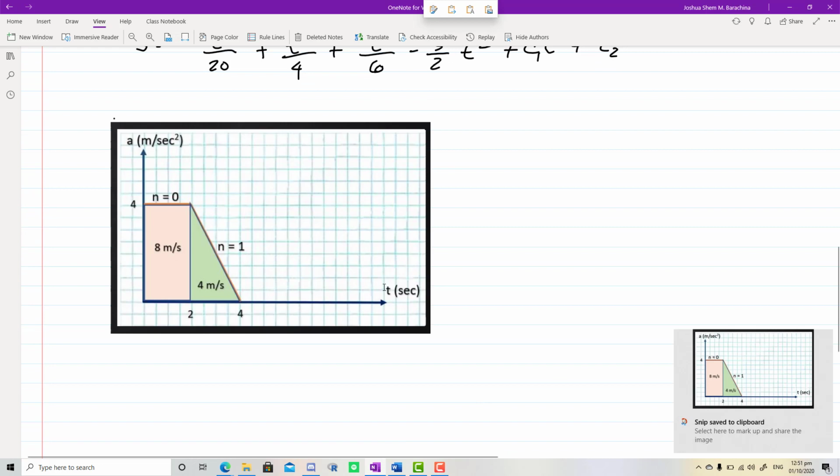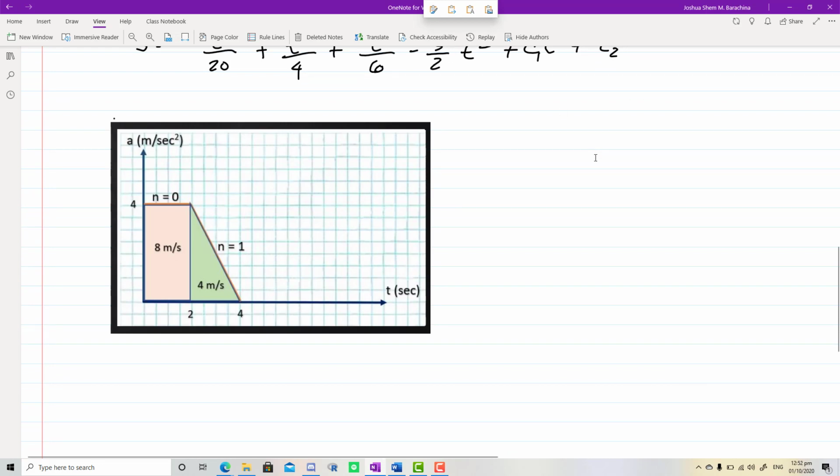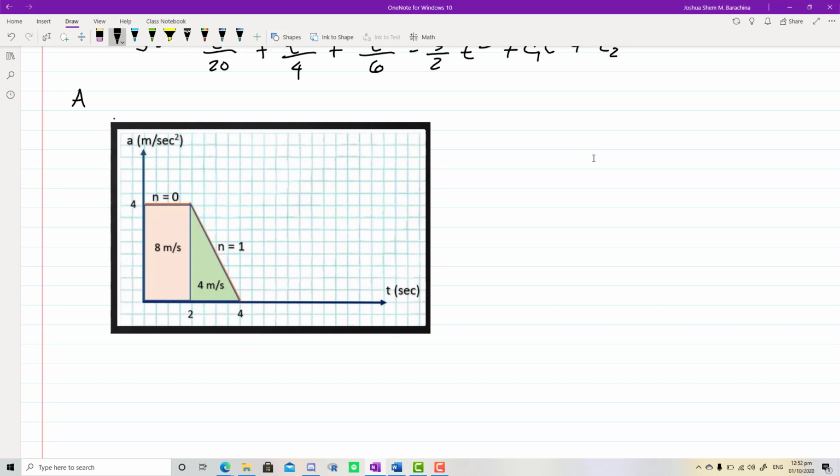Let's have this one. You have your acceleration time curve. This time we will be using the area method.